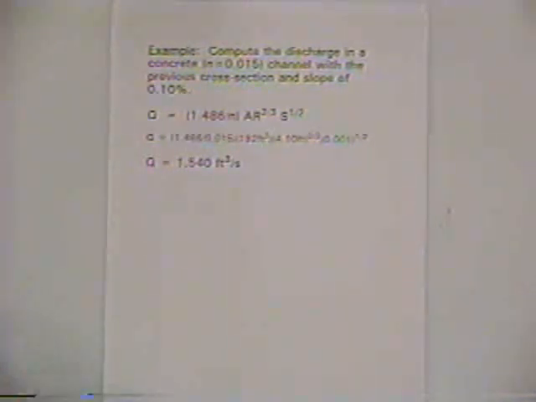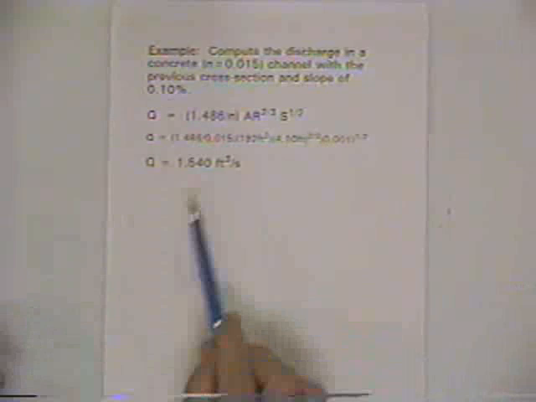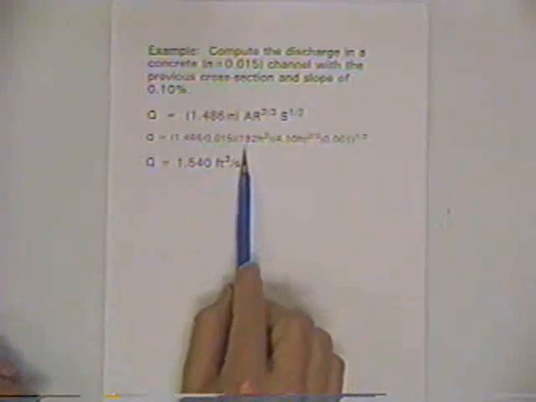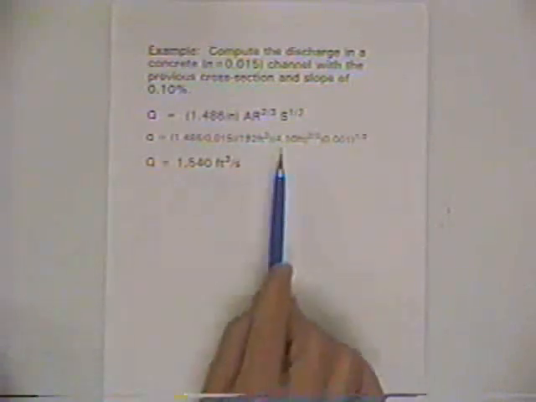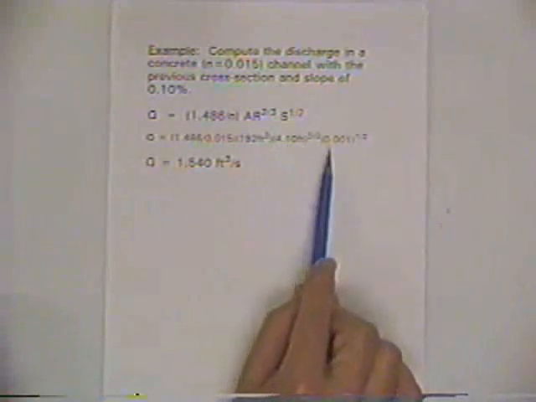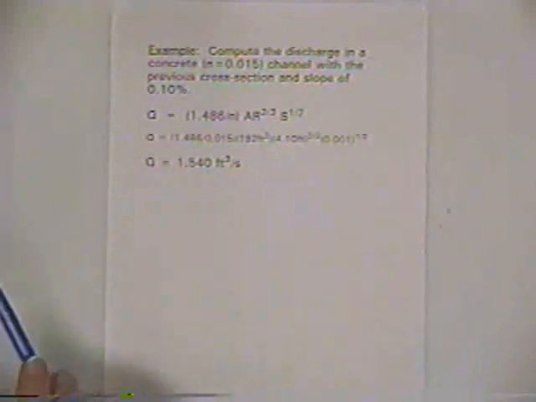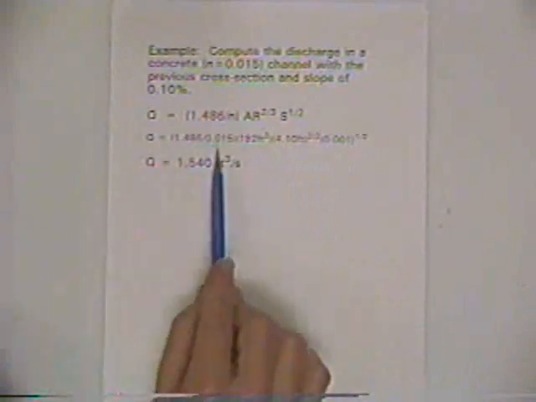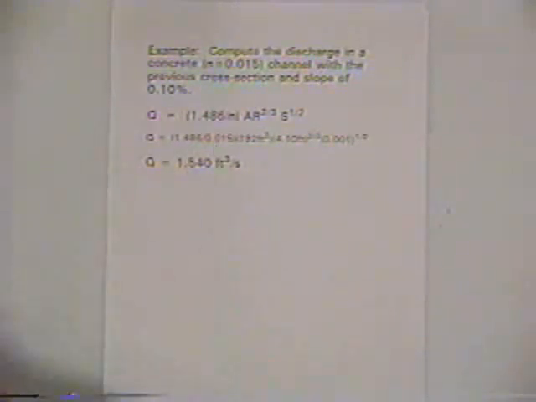Having gone through the geometry, we can plug in the cross-sectional area of flow, which we computed on the previous page. We can plug in the hydraulic radius, the longitudinal bottom slope for S, the roughness coefficient N, and compute a discharge of 1,540 cubic feet per second.